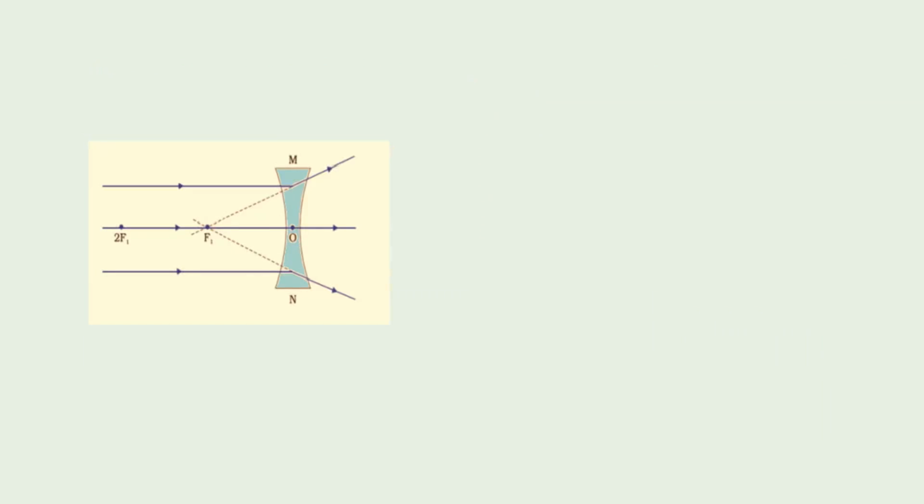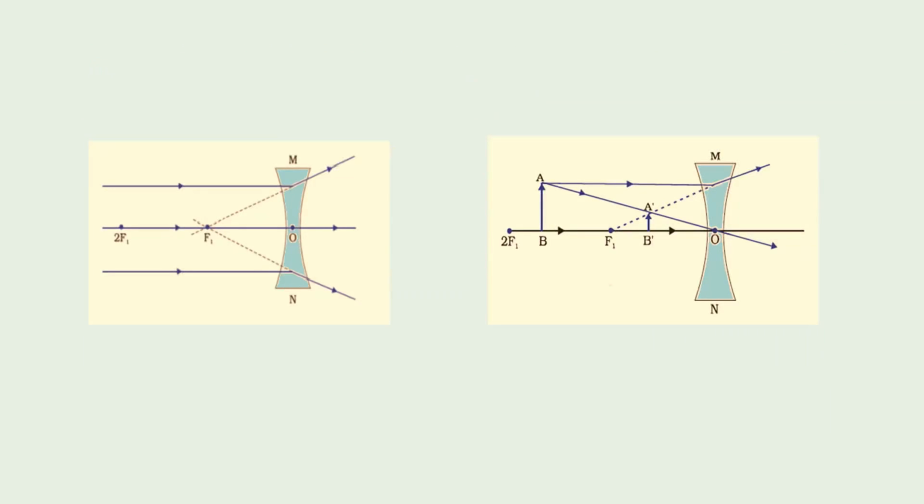Now with the help of ray diagram, we will see in case of concave lens, the rays which are parallel means the object is at infinity. They will be diverged by the lens. They will not meet on this side. They will meet when we extend them geometrically at point f1. In this case also, when the object is placed in front of the lens, the rays which are parallel will be diverged by the lens. Ray which is passing through the optical center will go straight.